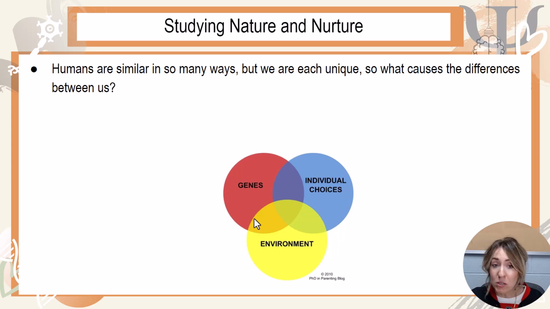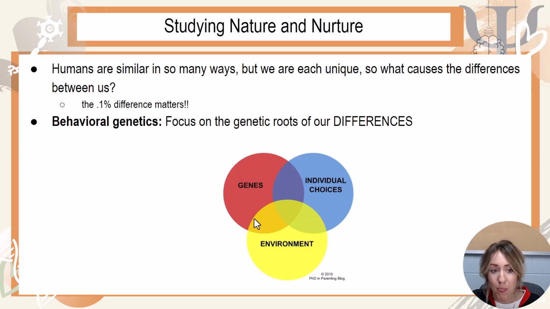Okay, so humans are similar in many ways. Like I talked about with evolutionary psychology, we focus on those similarities. However, even though we are so similar, 99.9% similar, it's that 0.1% that really matters in making each of us unique. And so what behavioral genetics focuses on is basically a combination of the behavioral school of psychology and the biological school. Not exactly, but it's the idea that we want to focus on the genetic roots of our differences.